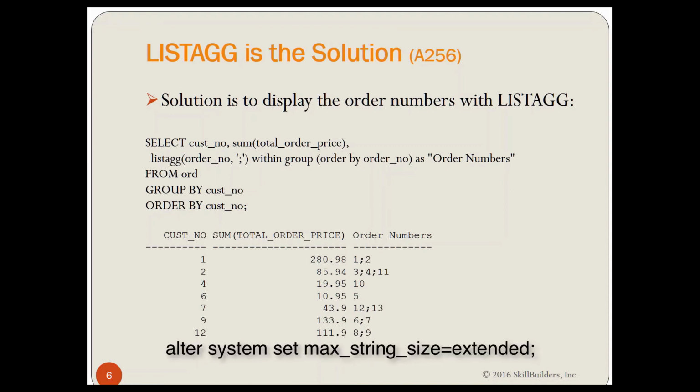They have to set it to extended. Don't think that when they go to 32K, that solves all sorts of problems. First of all, you could always go over 32K in length, and that's still an issue. But in many cases, if you had 32K, it would solve a lot of issues. Just be careful with it.